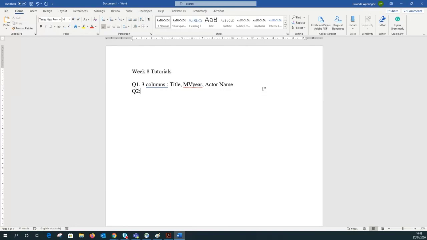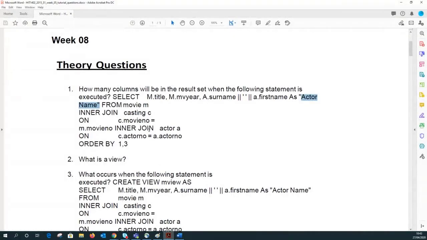Right, so question number 2. Now we are coming to the views. This is a complicated statement, and we are coming to the views. So, what is a view? How are you going to define a view? So, what do you mean by the view? A view is a variable.